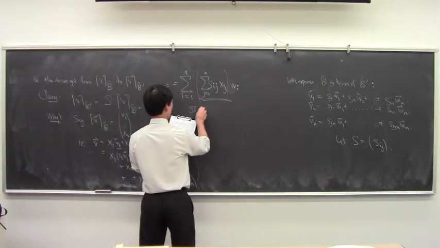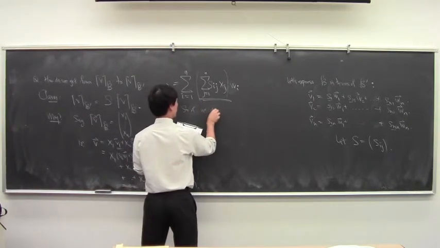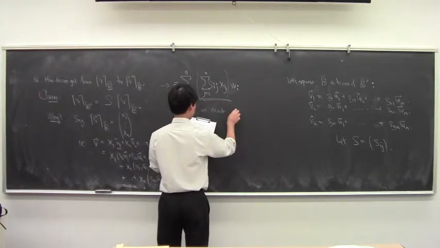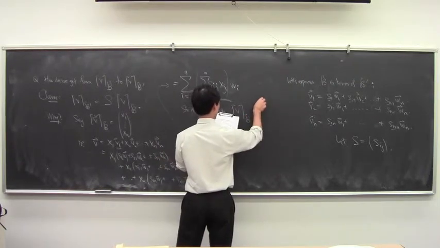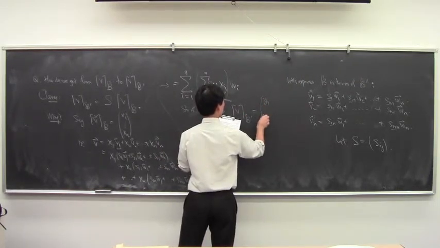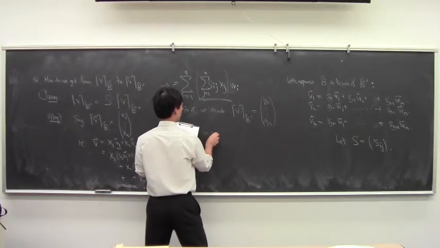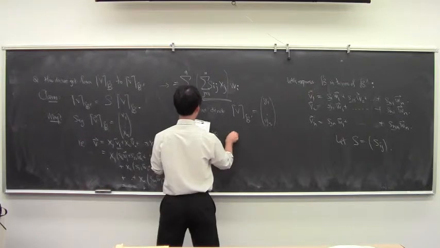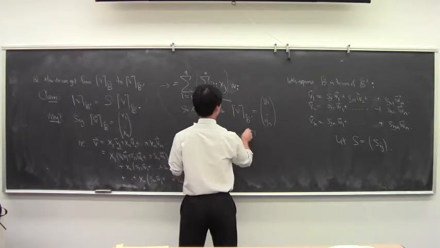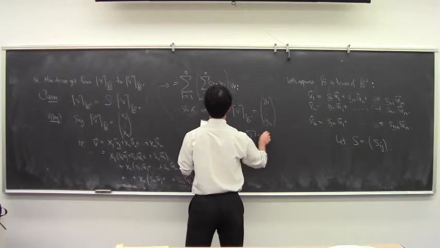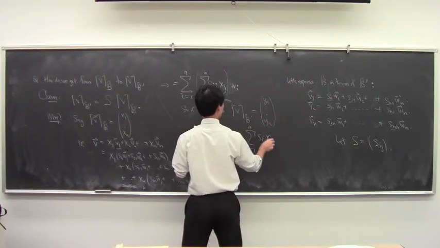So if we denote this thing by y1 through yn, we see that y_i, the ith guy, is going to be the summation of s_ij x_j from j equals 1 to n.